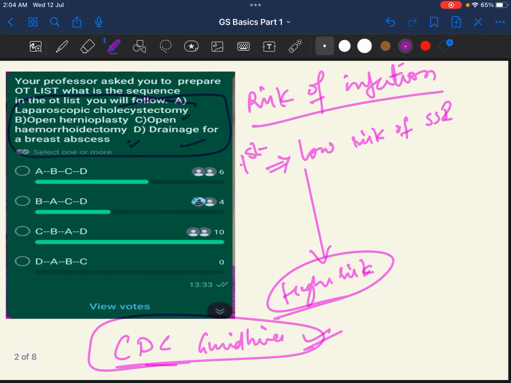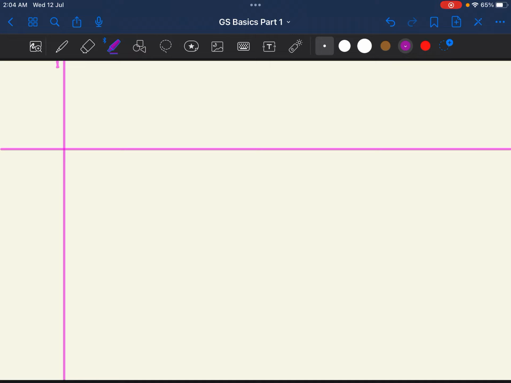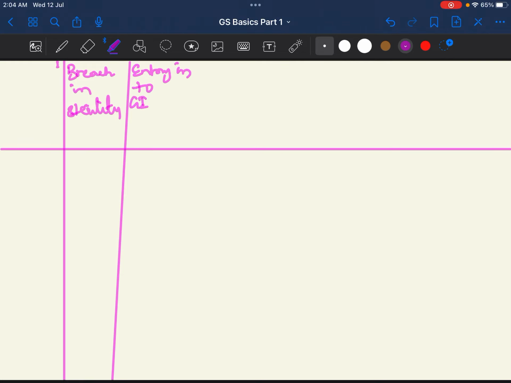Before categorizing them into 4 categories, you should always ask some questions in your mind. First, is there any breach in sterility or not? The next question we should ask: is there entry into either the GI, genitourinary, hepatobiliary tract or oral cavity?